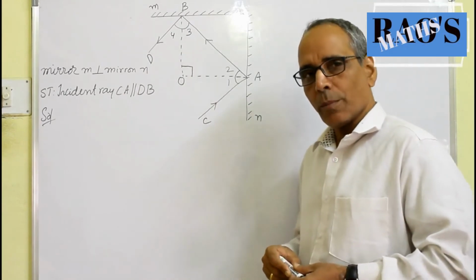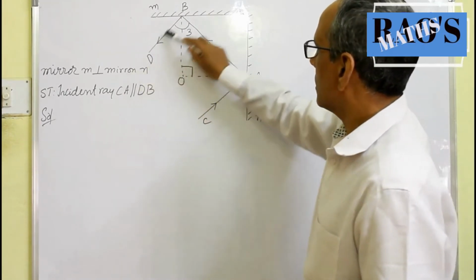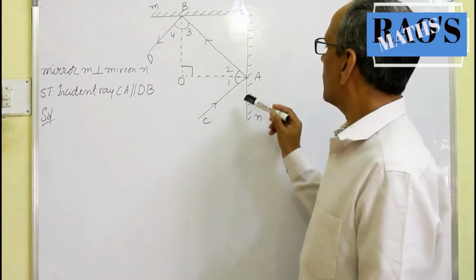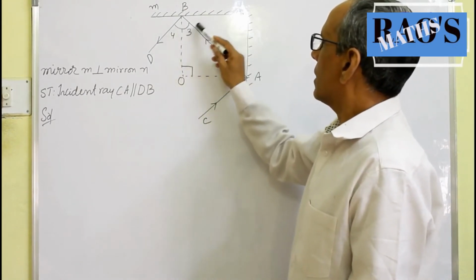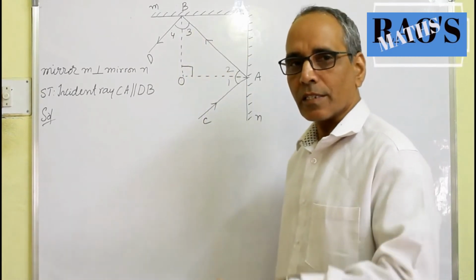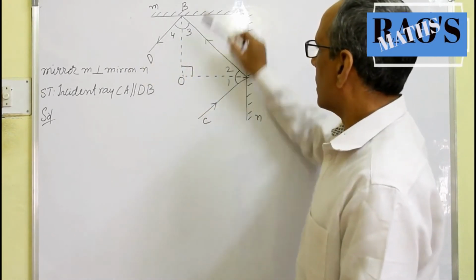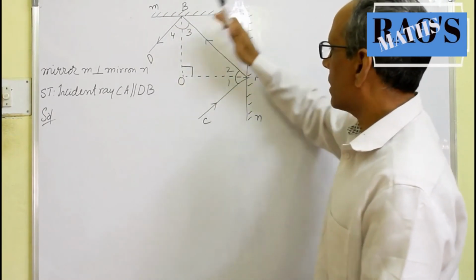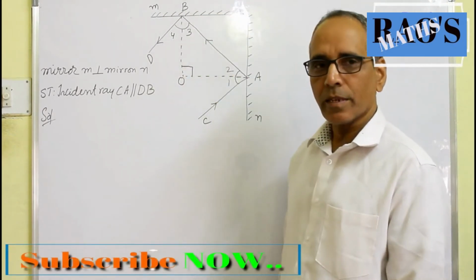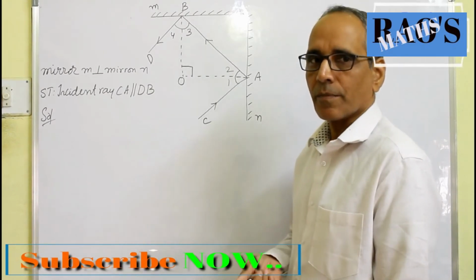To say these two are parallel, you have to prove that the sum of 1 and 2 and the sum of 3 and 4 put together is 180 degrees, because if these are lines and this becomes the transversal, these two angles become the co-interior angles, that means angles on the same side of the transversal.